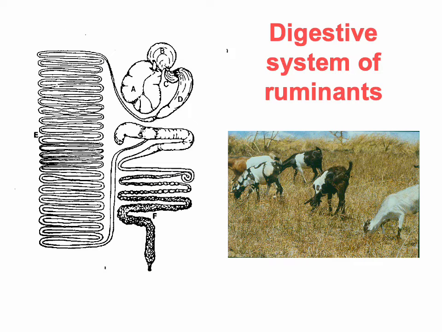And here you have the digestive system of the ruminants with the rumen and the other part of the forestomach and very, very long small intestine and medium-sized cecum and colon.